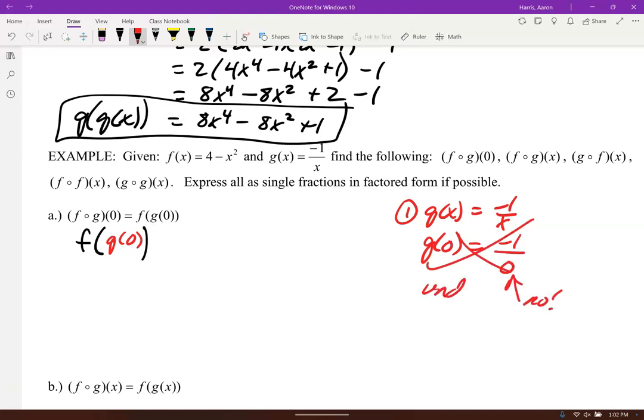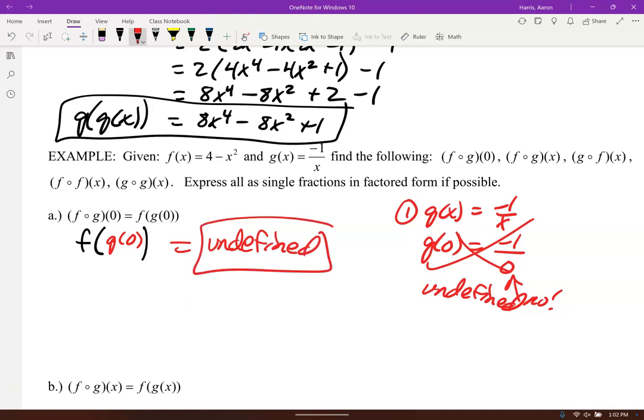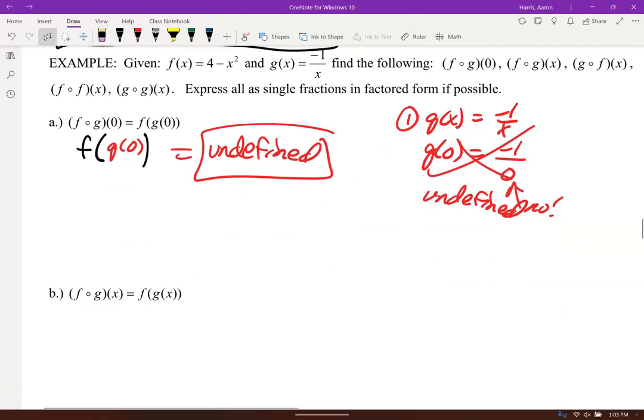No, that's undefined. So this is undefined. Because 0 is not in the domain for g, so it's not in the domain of f of g of x either. F of g of x.